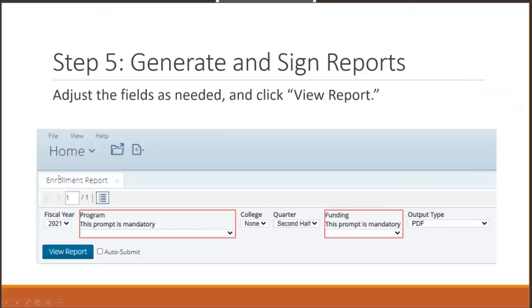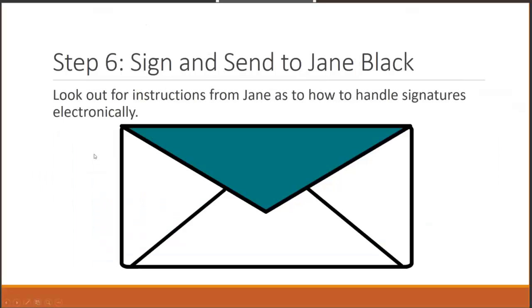During this step, I highly encourage you to read the reporting instructions that Jane sends out in her memo very carefully, as they contain important information about which version of each report needs to be submitted. And then finally, you'll sign your reports and send them to Jane Black.